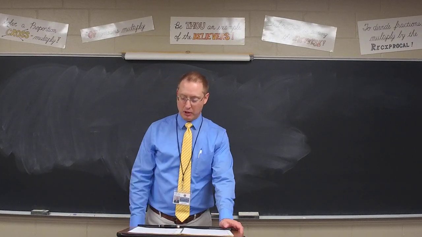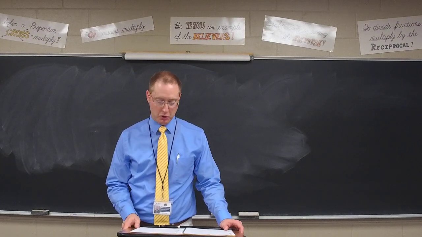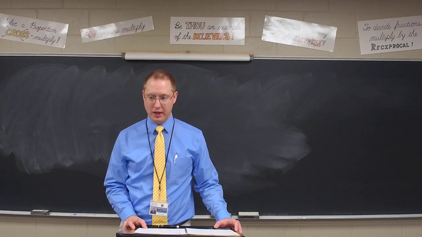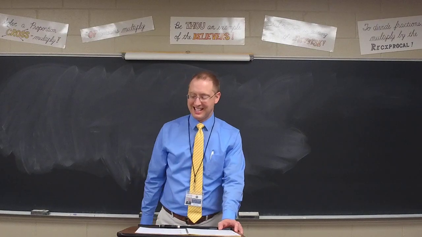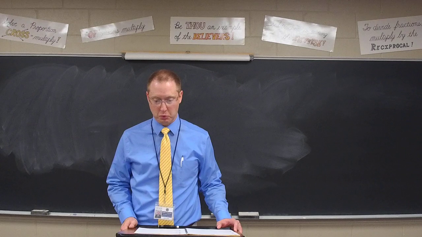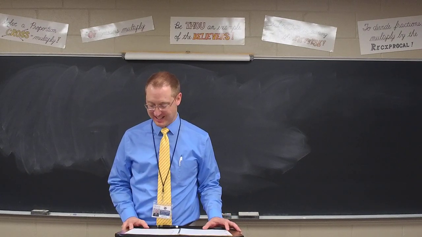The last two are probably the longest ones. Number 9, we multiply, get 172,870. And number 10 didn't divide out evenly. They wanted us to round to the nearest tenth. It rounds to 1.6.